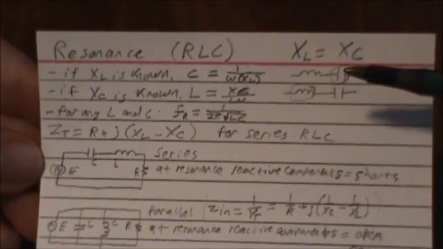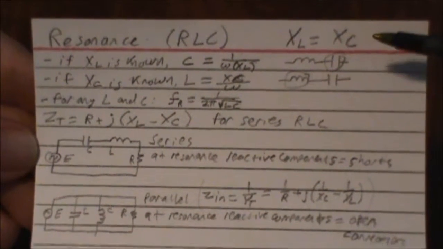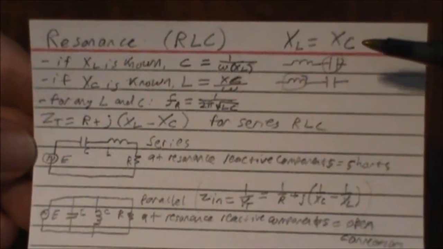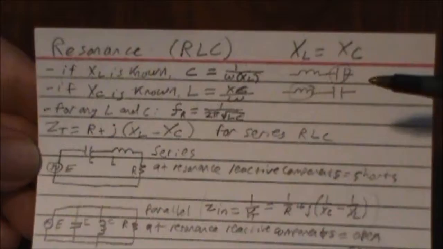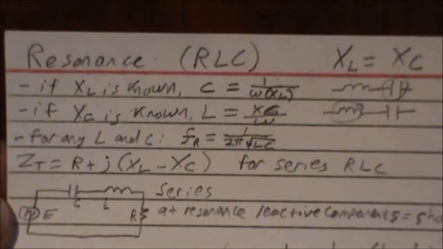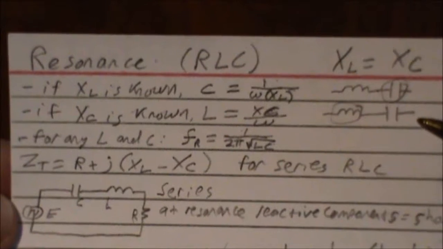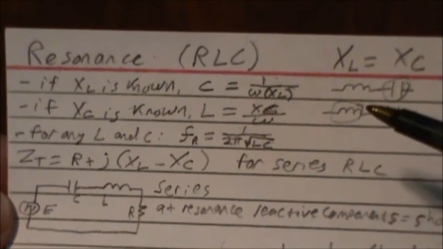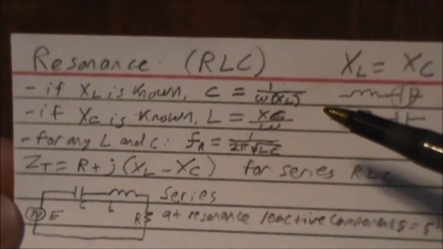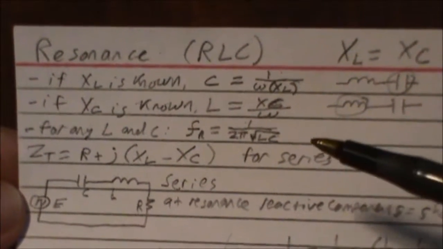So, resonance for an RLC, or resistor, coil, capacitor circuit, occurs when the reactance of the coil, X sub L, is equal to the reactance of the capacitor, X sub C. So if X sub L is known, if we know what our reactance of the coil is, then the matching capacitance for the resonant condition is C equals 1 over omega times X sub L. And this would be for a series connection.